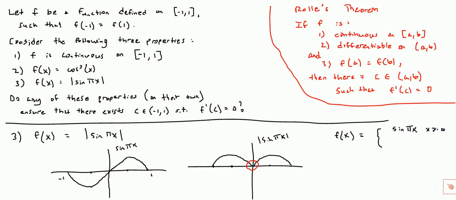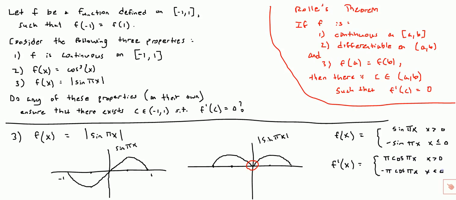So it's positive sine of pi x when x is larger than 0, and it's negative sine of pi x when x is less than or equal to 0. And then we can take the derivative. Using the chain rule, that's going to be pi cosine of pi x, and it's going to be negative pi cosine of pi x for x less than 0.